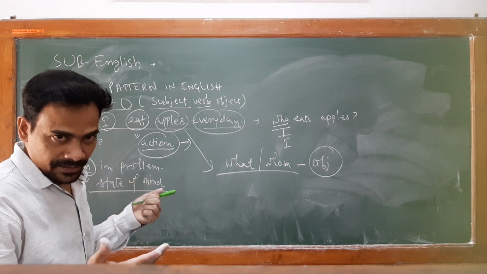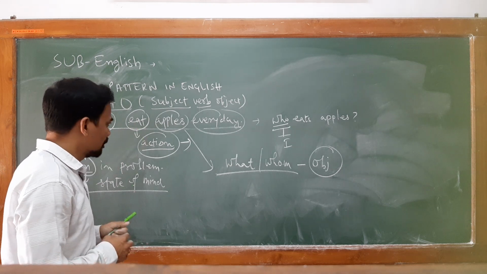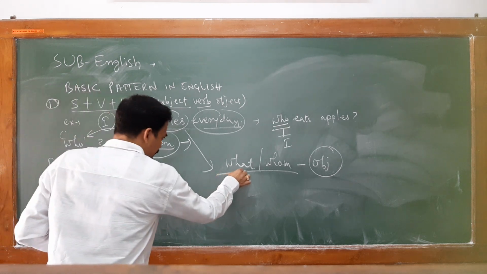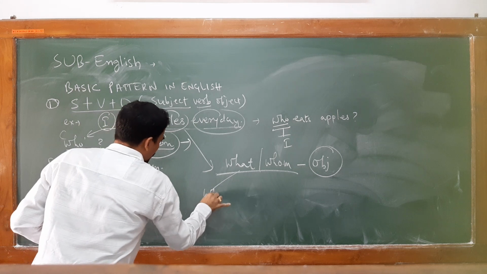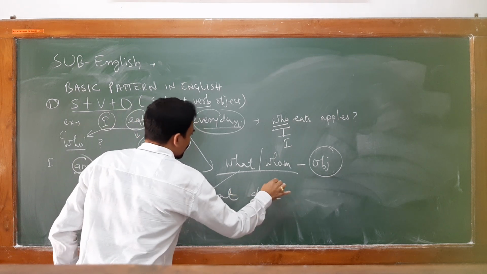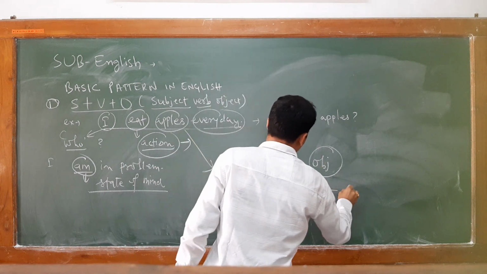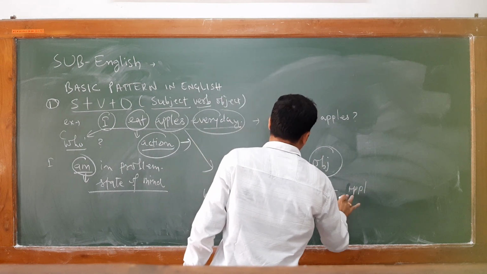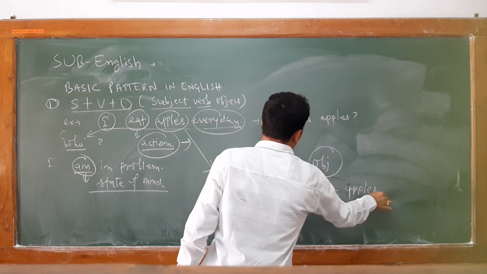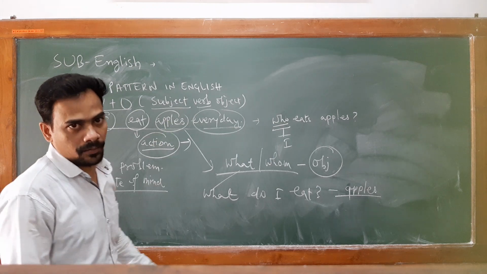Whom do I eat? This is wrong. So here, what do I eat? What will be your question form? What do I eat? The answer is coming: apples. Now apples will become your object.